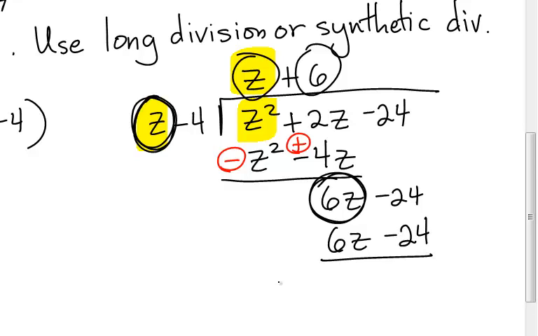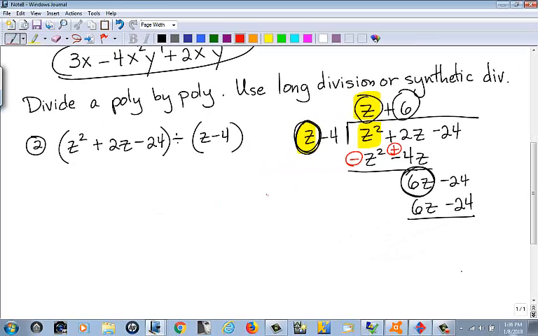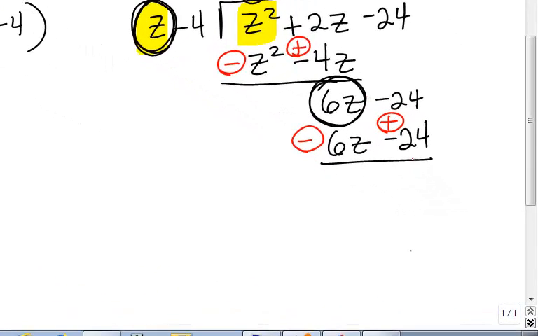Now you use your colored pencil. The next thing you do in long division is subtract. So you change the signs on the bottom row. On this one, they both drop out, so the remainder is 0. So my answer is z plus 6.